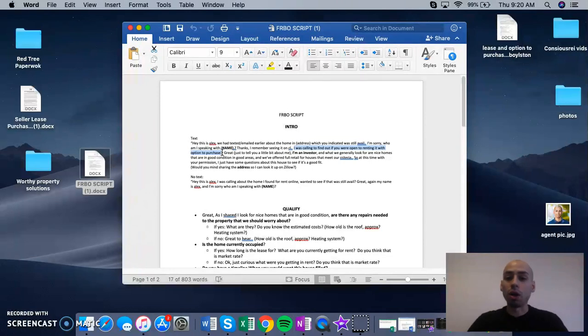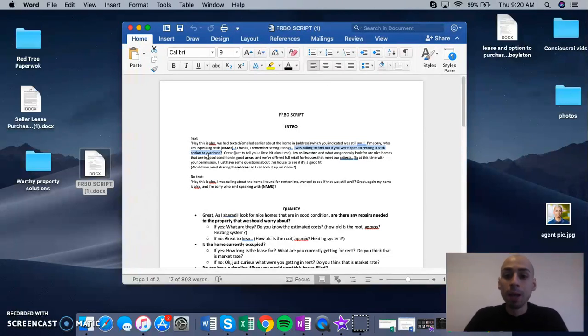But for a landlord call, the reason I like to ask it up front is because they're already open to renting their house, right? They're already open to not receiving all of their equity today. So if I find out by asking this question that they're open to selling, because of the option of purchase, then they are automatically a good candidate for terms, because they don't need all their equity out today. They can wait a little bit before they cash out, so to speak.